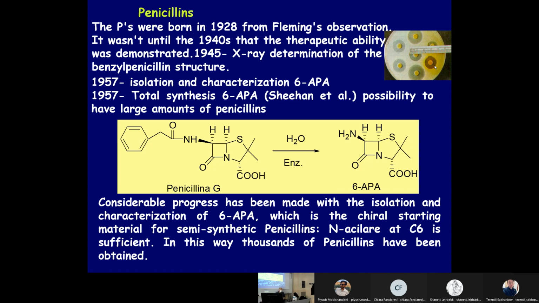At the end of the holidays, he came back to the lab and he observed this situation: the formation of particular inhibition halos around the bacteria colonies.